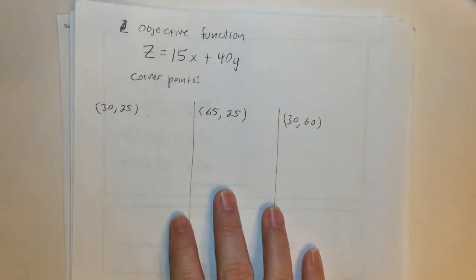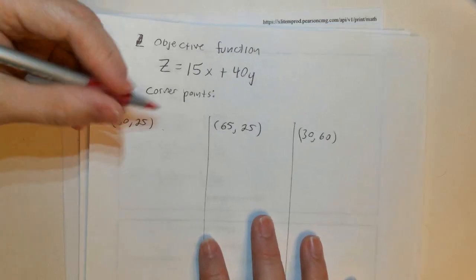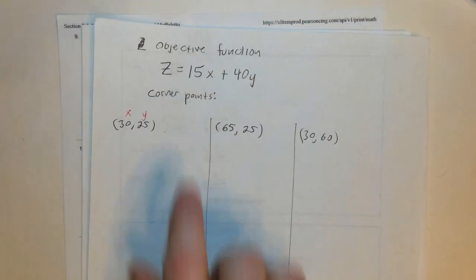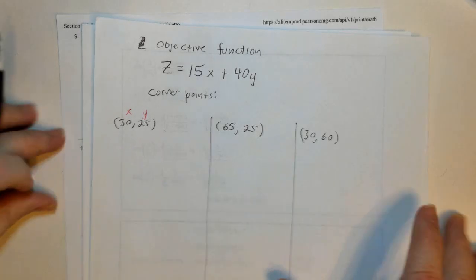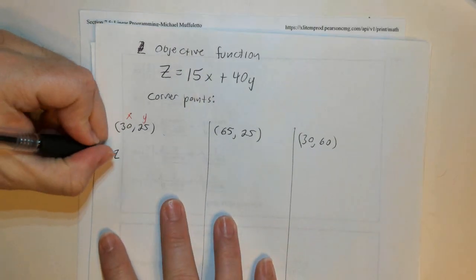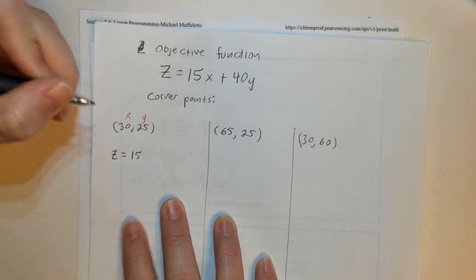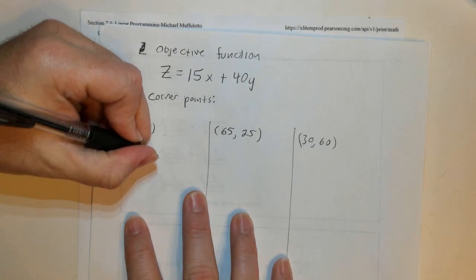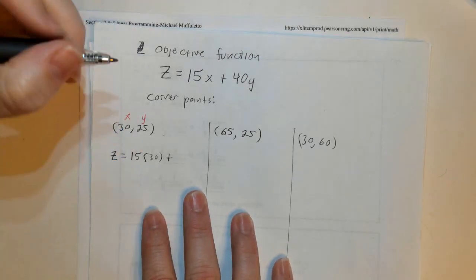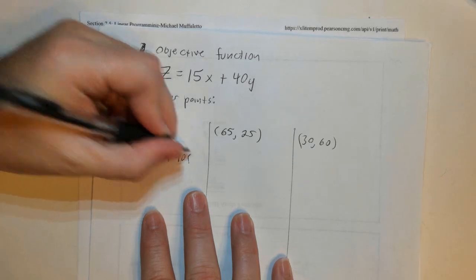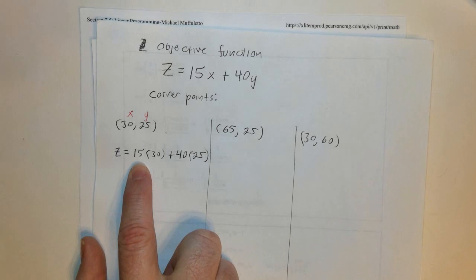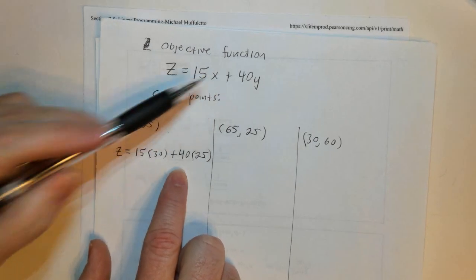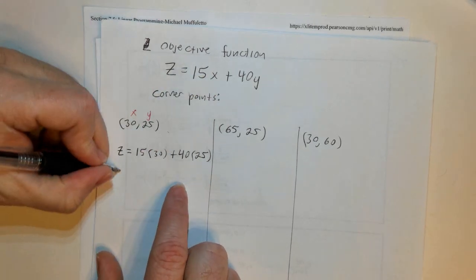Remember, this is x comma y. So when I plug this in, that's x, that's y. So z is equal to 15 times 30 plus 40 times 25. Double check that. 15, 30, 40, 25. All right.